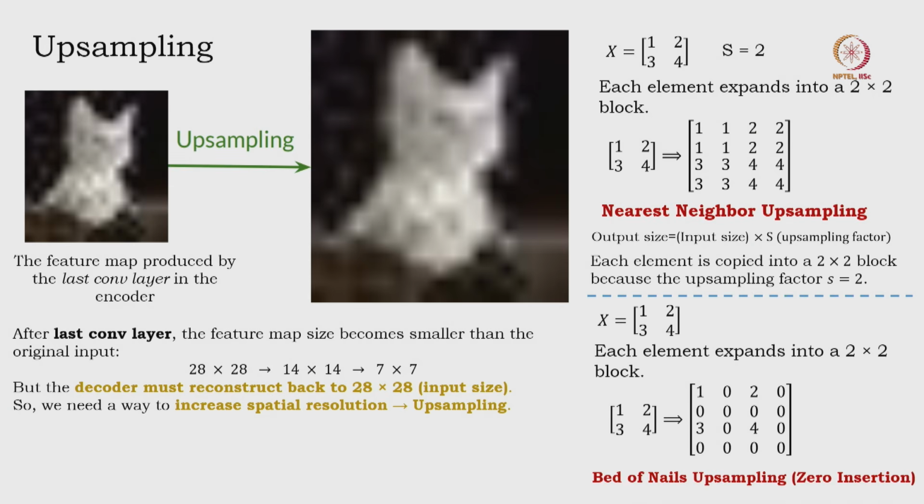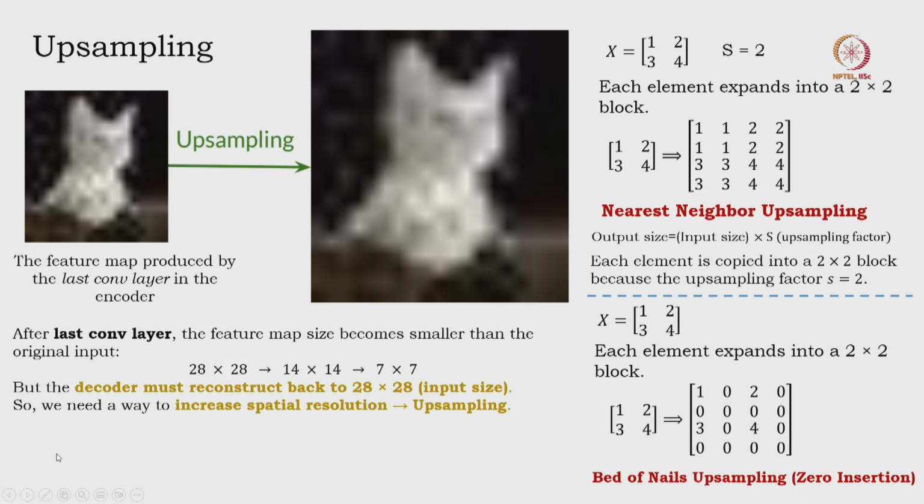Second, in those positions you can even put 0. If you have zeros in all of these, it is called bed of nails upsampling, or zero insertion.